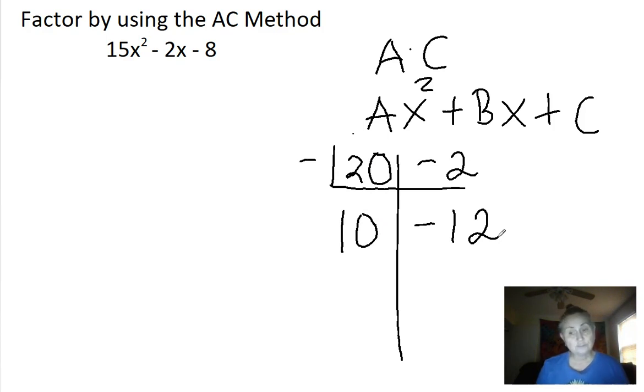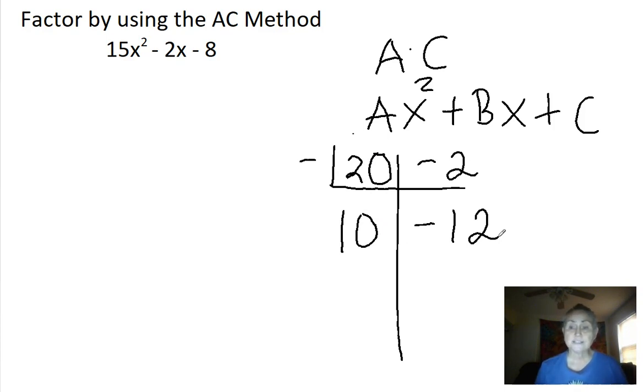But if you have to use a calculator or whatever, you need to figure out what two numbers multiply for negative 120 that add to negative 2, and verify that on your calculator to make sure that you have the right answer. So I learned that they are 10 and negative 12. Now, the 12 has to be the negative, because if we make 10 the negative, then it would add up to positive 2, and we needed to add to negative 2.